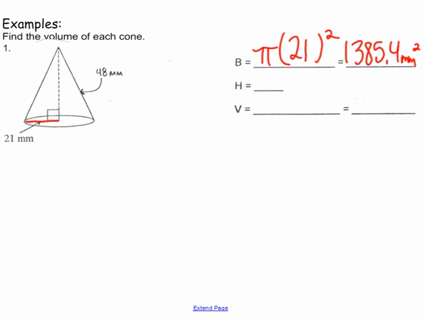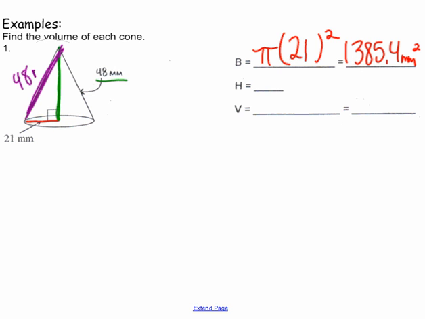Next, we're going to have to find the height. So you're like, great, it's not there. This is the slant height, not the height. So when I don't know where something is, I need to find right triangles. Oh, look at there, it is.